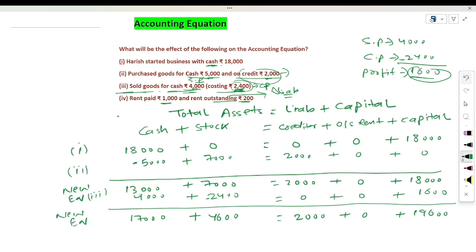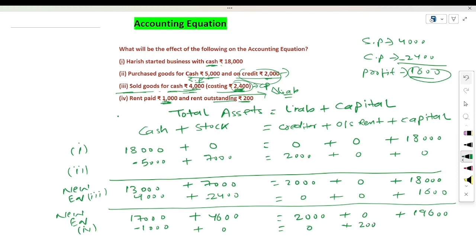Now come to the last transaction. In the last transaction, what is happening? Rent paid how much? 1,000. It means by 1,000 your cash balance will be decreased. There will be no impact on stock. Creditors, there will be no impact. Rent outstanding rupees 200. It means here a liability will be created.